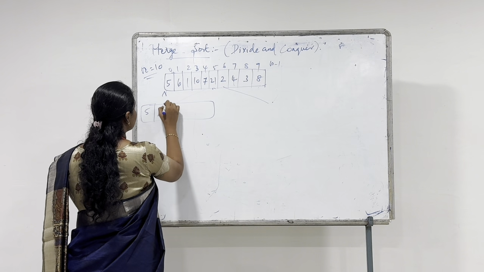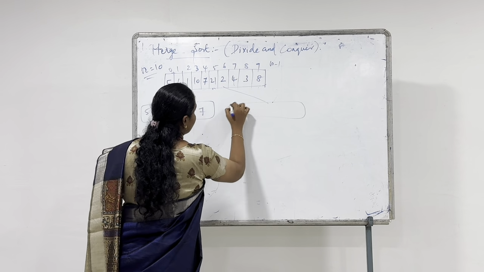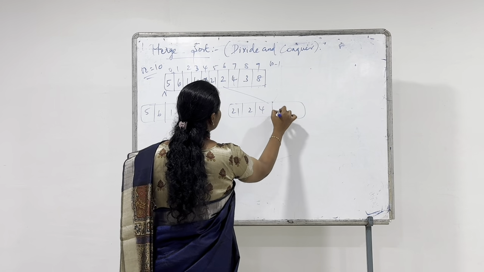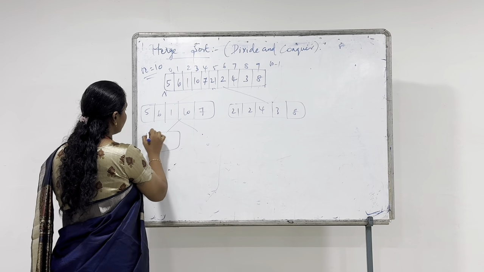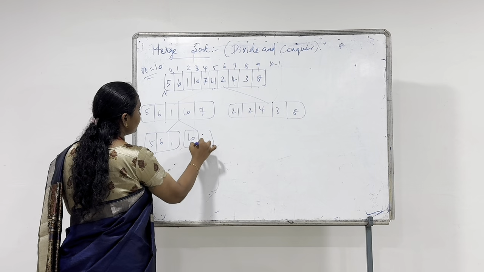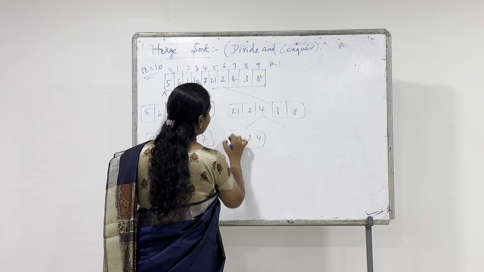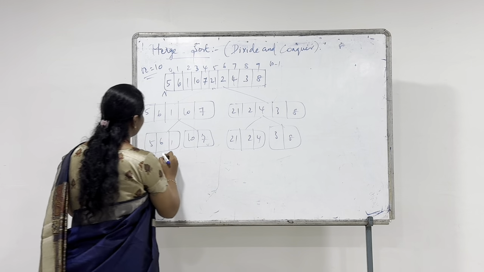5, 6, 1, 10, 7. This is one array, and another array is 21, 2, 4, 3, and 8. Again, divide this array into two equal halves. 5, 6, 1 is one array, and 10, 7 is another array. 21, 2, 4 is one array, and 3, 8 is another array.